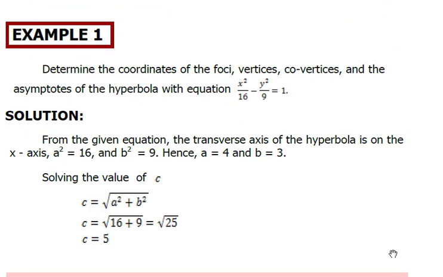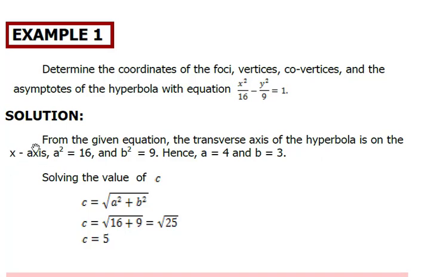Example 1 first. Determine the coordinates of the foci, vertices, co-vertices, and the asymptotes of the hyperbola with the given equation x squared over 16 minus y squared over 9 equals 1. In this case, this is the minuend, the subtraction symbol, this is the subtrahend, and of course the difference. The minuend contains x, so that means the transverse axis of the hyperbola is on the x-axis.